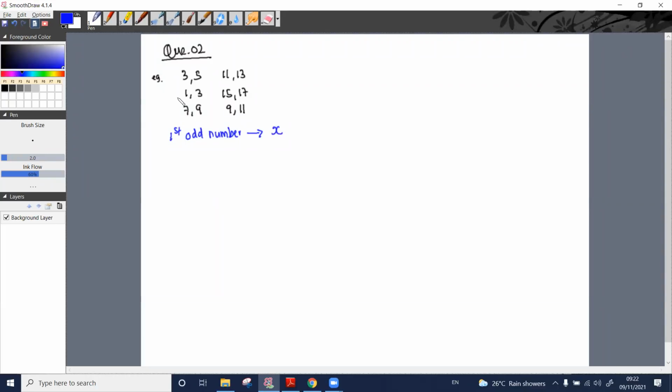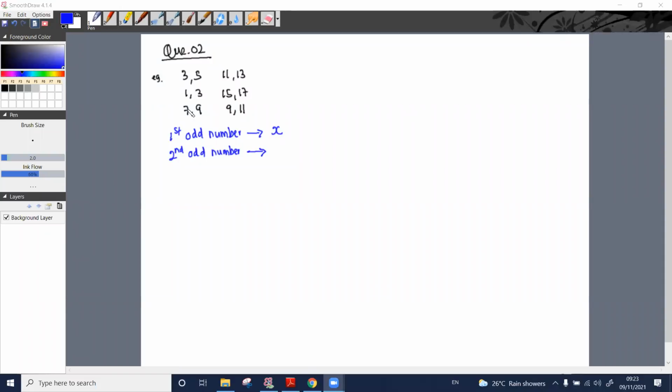If we assume the first odd number is x, what should be the second odd number? Now you can see a pattern here. That is not 2x.